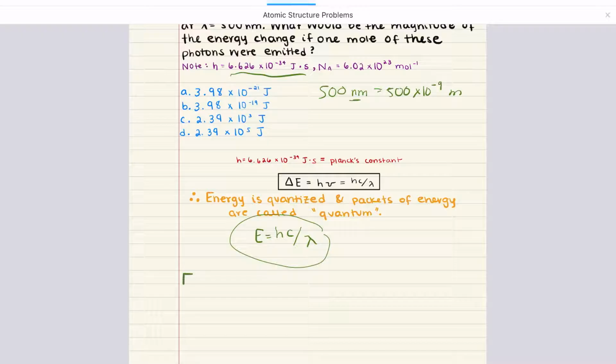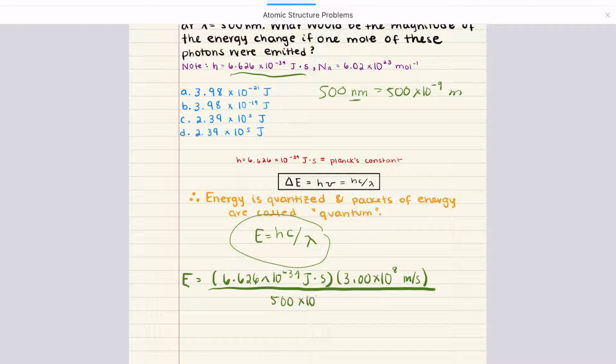The energy is going to be equal to Planck's constant 6.626 times 10 to the minus 34 joules times second, times 3.00 times 10 to the 8th power meters per second, all over the wavelength, which is 500 times 10 to the minus 9 meters. Notice we converted nanometers to meters because that way units cancel out since the speed of light is in units of meters per second. Now, this is for the energy of one photon.